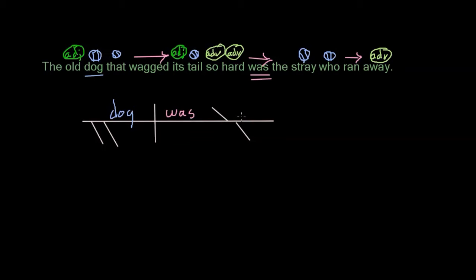Our verb in our main clause, was, is the linking verb, because it's linking the subject to its subject complement or predicate nominative, stray. Our article modifier, the, is the first word in the sentence, so we capitalize it. We have an adjective, old, the old dog, and the article modifier, the stray.